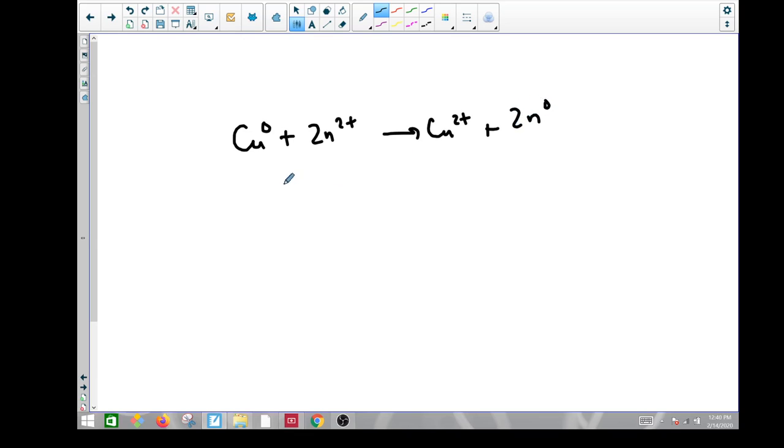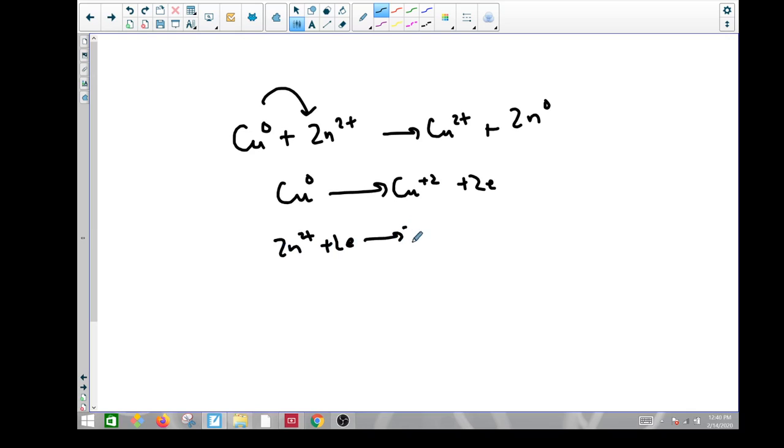So the copper goes from no charge to copper plus 2, and there are 2 electrons that it's going to give away. The copper gives electrons to the zinc, and the zinc takes those 2 electrons and produces zinc metal. This is reduction: gaining electrons, reduced. This is losing electrons, oxidized.